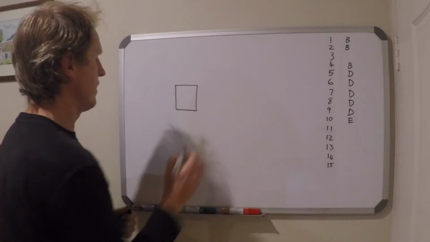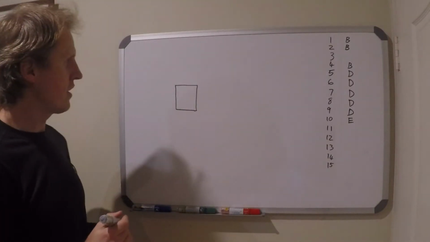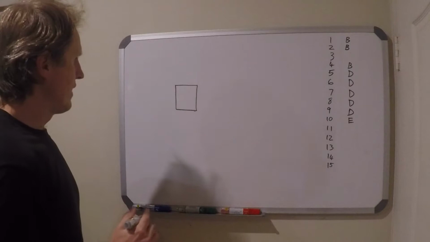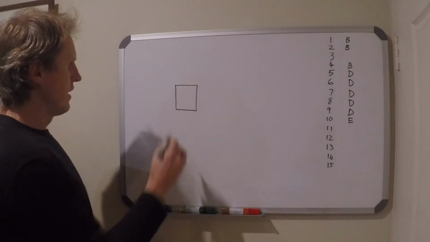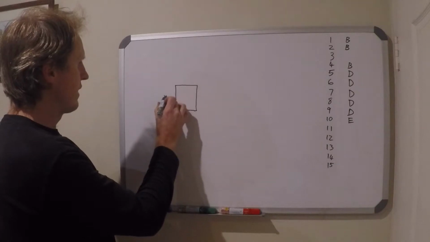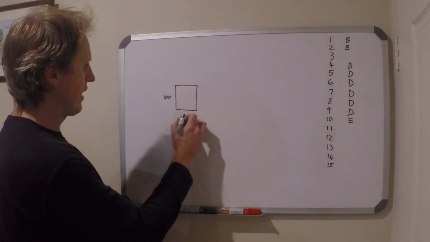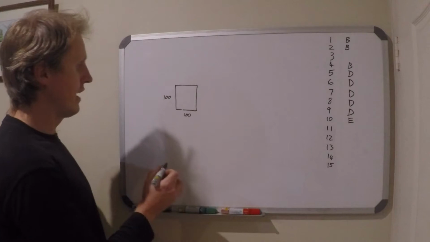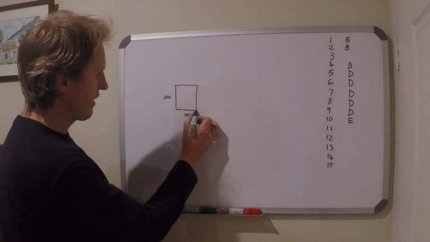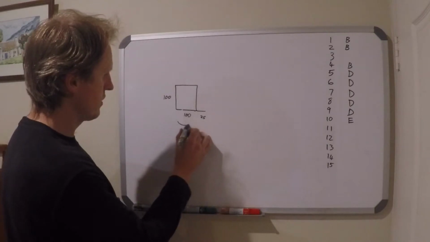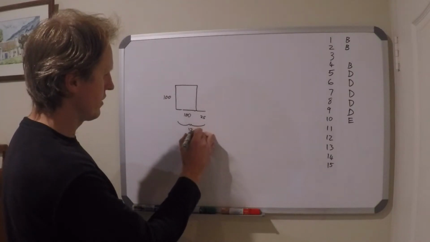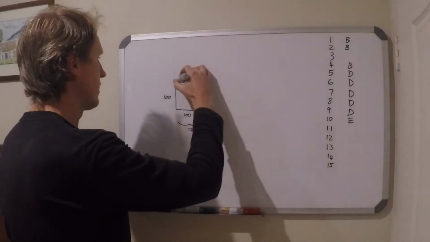Let's say this is the square that we started with, and just so that I don't have to deal with fractions, if the original side had a length of 100, and it increases by 25%, we know that this is 25 and the total is 125.